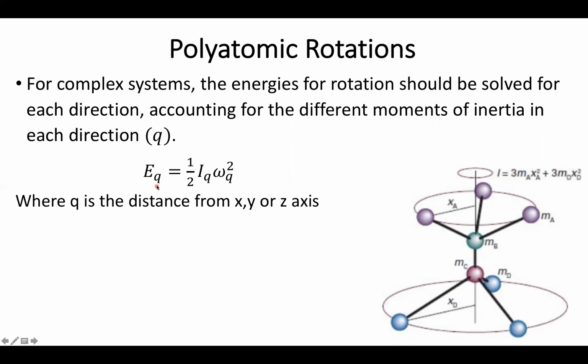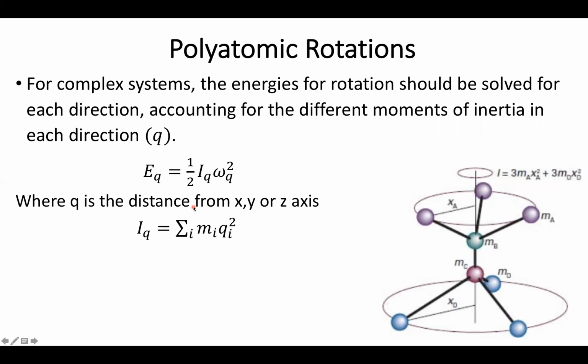Now, I do want to emphasize this is about that axis, not in that direction. The energy of rotation about the z-axis is going to be dependent on the moment of inertia in the z-axis and the angular velocity in that axis. As a result, we're going to want to calculate each of our three major axes independently.